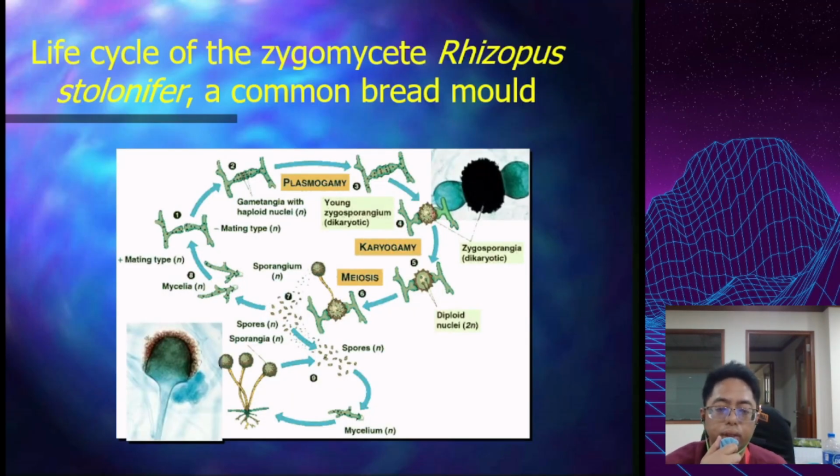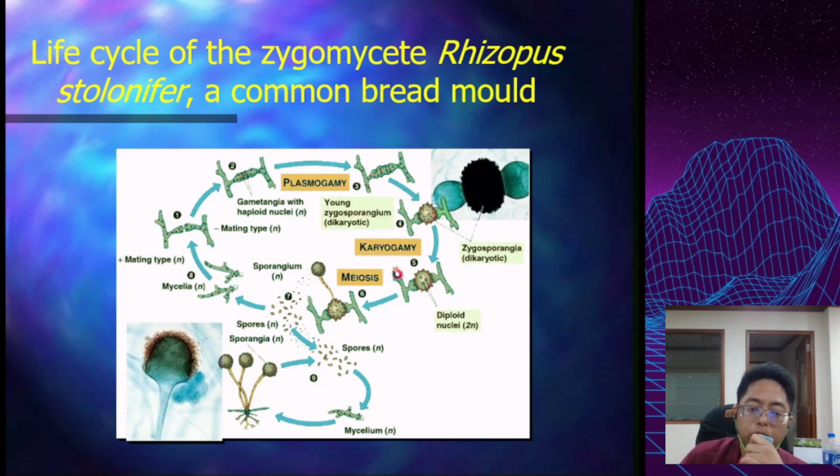Then the sporangium undergoes mitosis to produce recombined haploid spores. Okay, you can see here this picture on the top right. This is the zygosporangia. So this black thing here is a spore that has two nuclei after the plasmogamy. After plasmogamy, two cells have combined together, and the two nuclei within these two cells will also combine together to form a single diploid nucleus, which is called karyogamy.